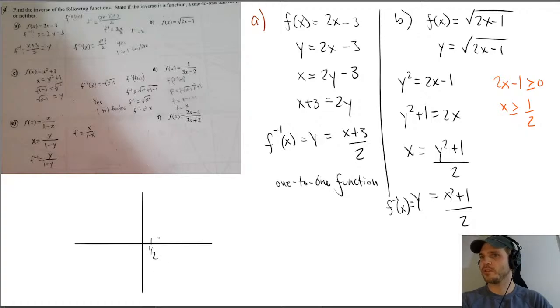And 1 will give us 1. Let's call this 1 and this 1. Okay, there we go. I'll put these in enough color so you can see them. So essentially it's going to look like that.